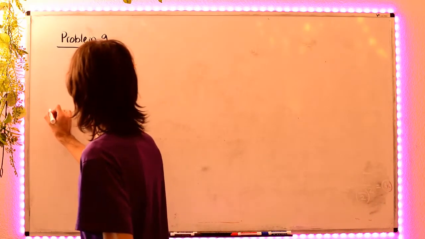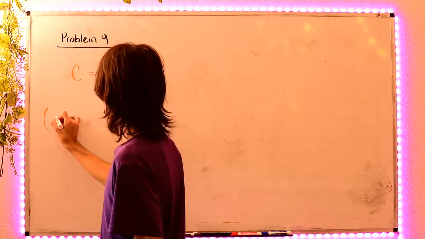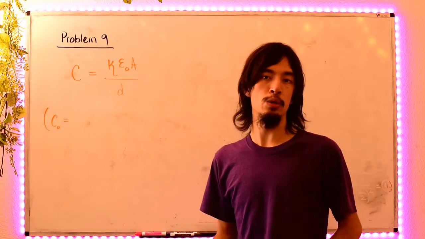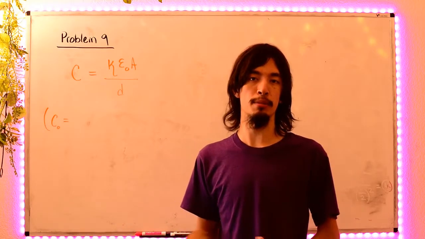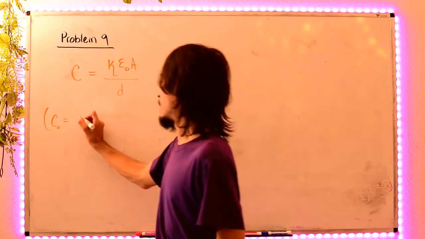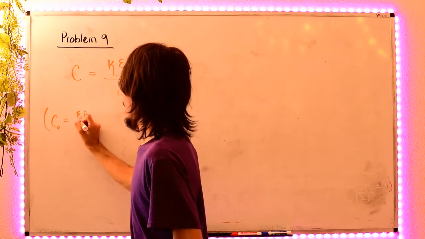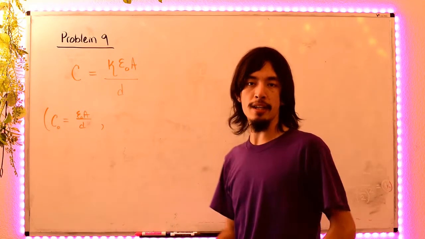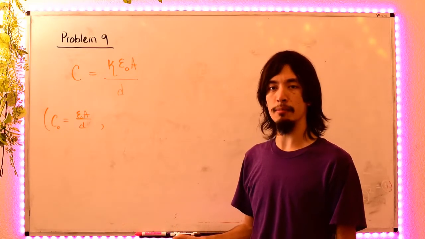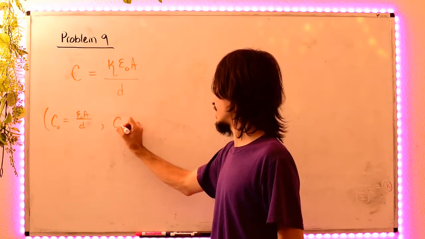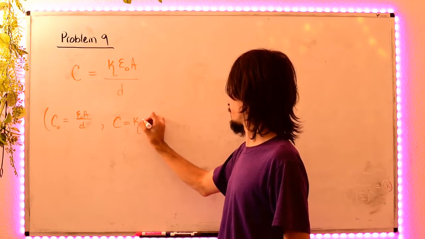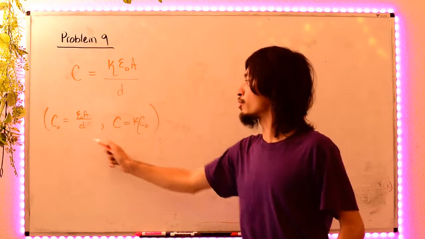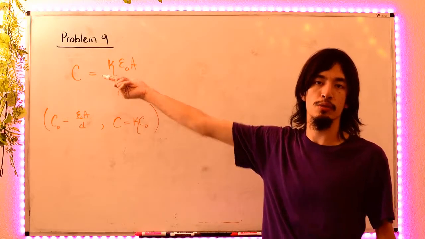Now, this whole combination formula comes from knowing that the capacitance of a vacuum-filled capacitor, meaning there's nothing between the plates at all, would be simply epsilon naught A over d. Also in combination with the fact that the capacitance with a dielectric material inserted between the plates is C equals kappa times the capacitance without the dielectric. The combination of those two equations just yields this one right there.